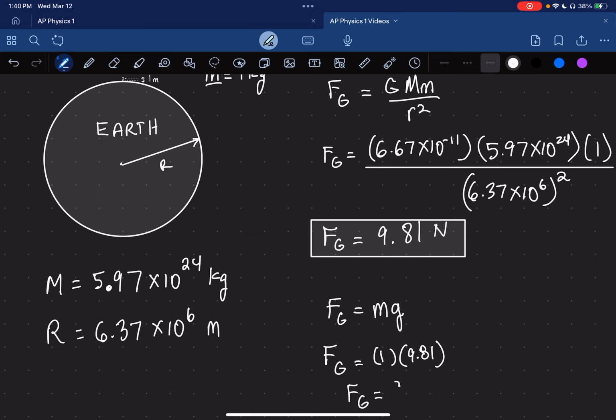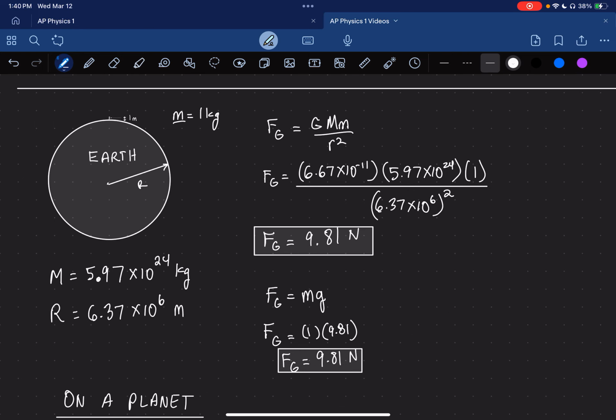And so the gravitational force is 9.81 newtons. A much faster way, this is using Newton's law of gravitation. But that's what we're learning here, so it's important to know how to do this. Cool.